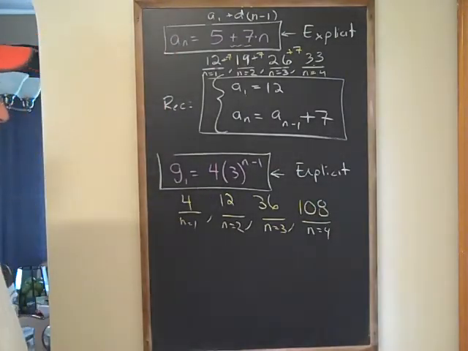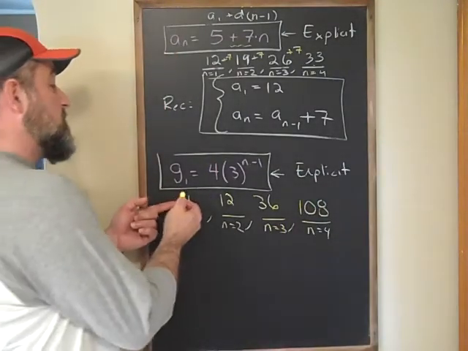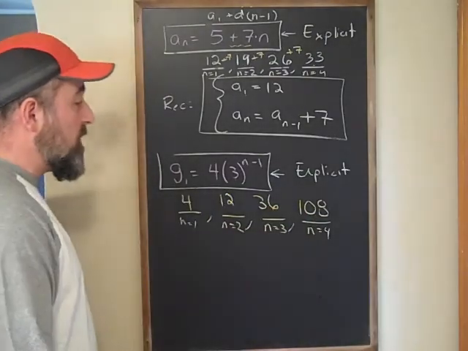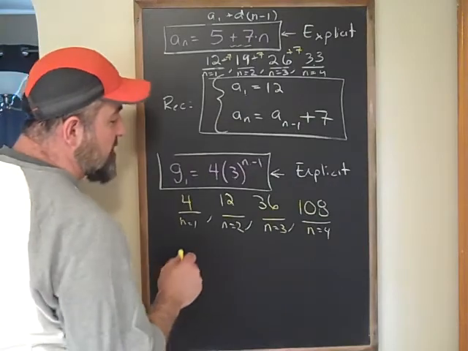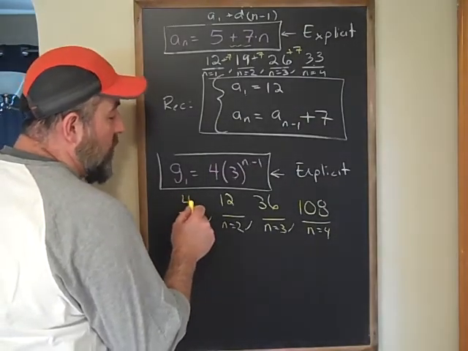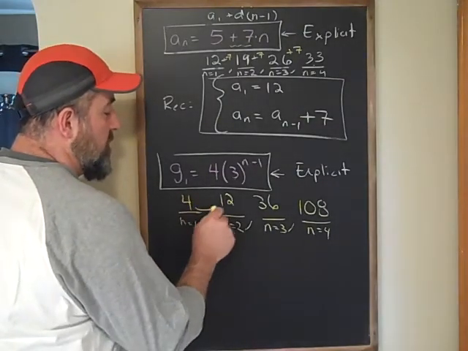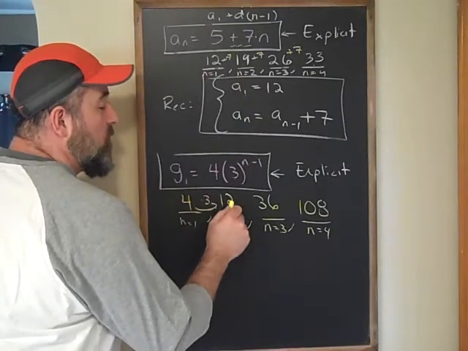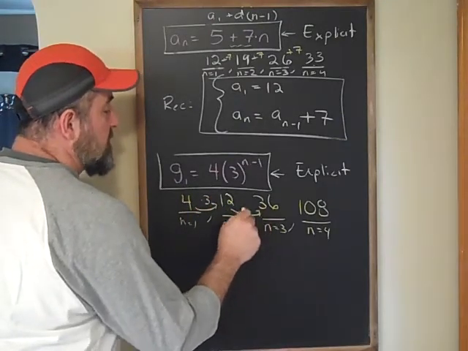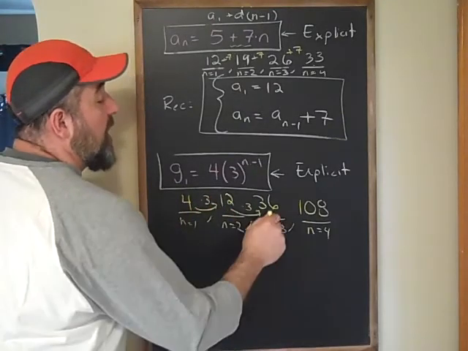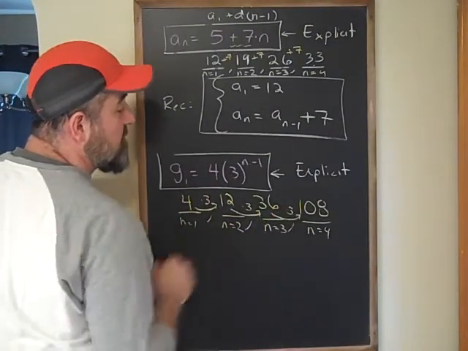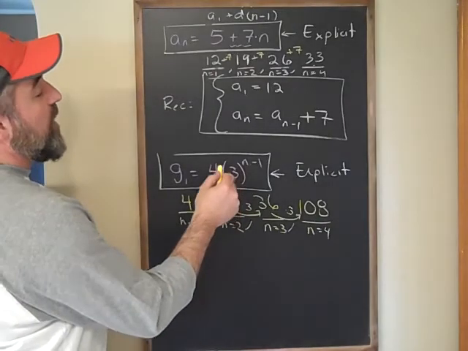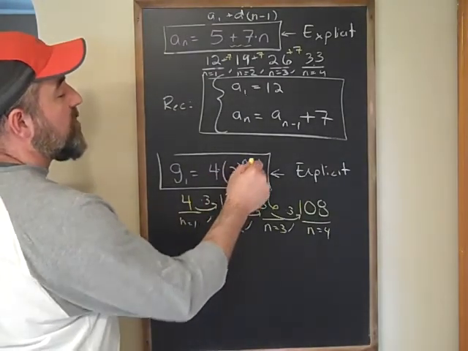So what's going on here? It sure looks geometric because it's starting at 4 and very rapidly going up to 108, so we're not constantly adding. You're right in that observation. Well, what do you multiply 4 by to get 12? You multiply by 3. What do you multiply 12 by to get 36? You multiply by 3, and you'll never guess what you multiply 36 by to get 108. It is 3. And look, you have multiplication by 3 to an exponent.